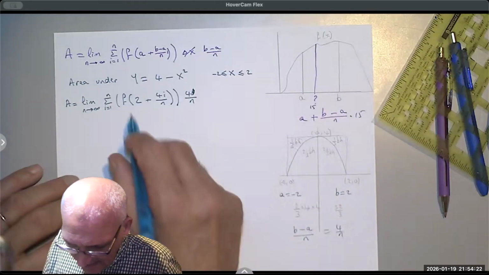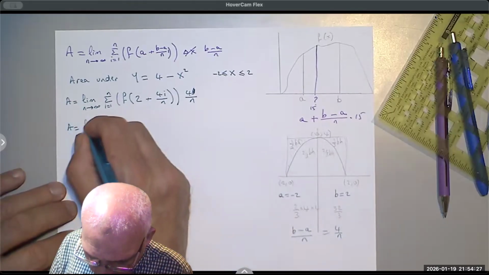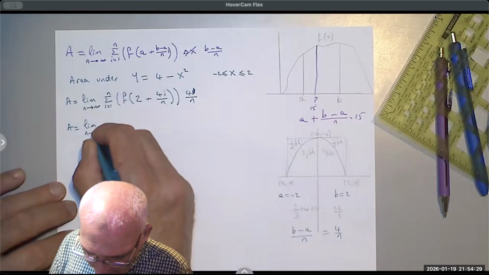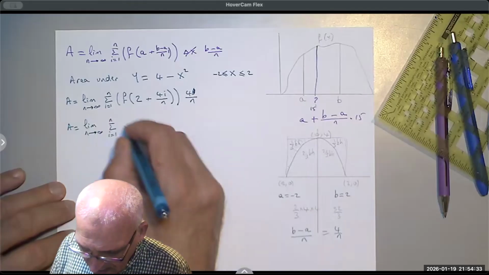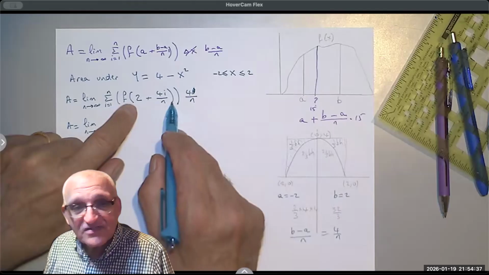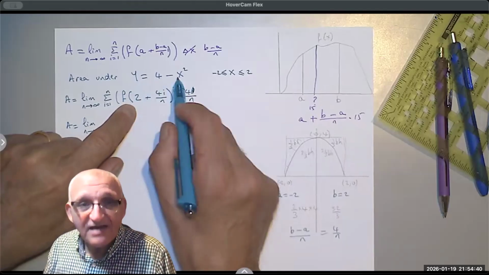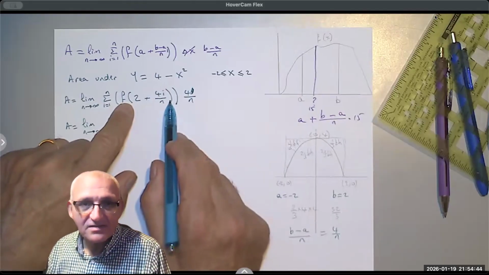But how do I find this? Well, it's the limit as N approaches infinity, summation I going from 1 to N of f of something. Now, when I say f of something, it means in your equation, every time you see x, you replace it with what's between the parentheses.